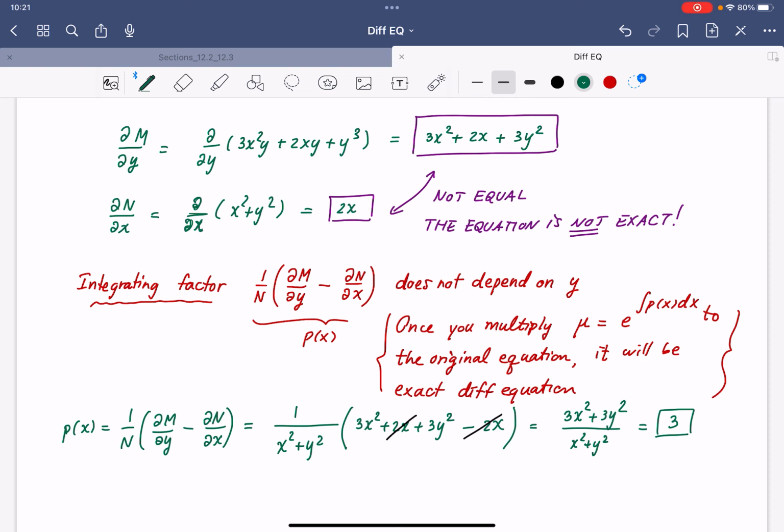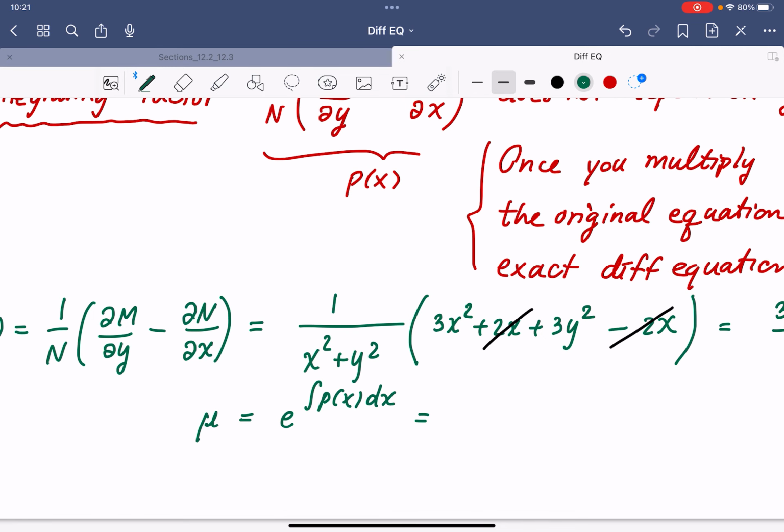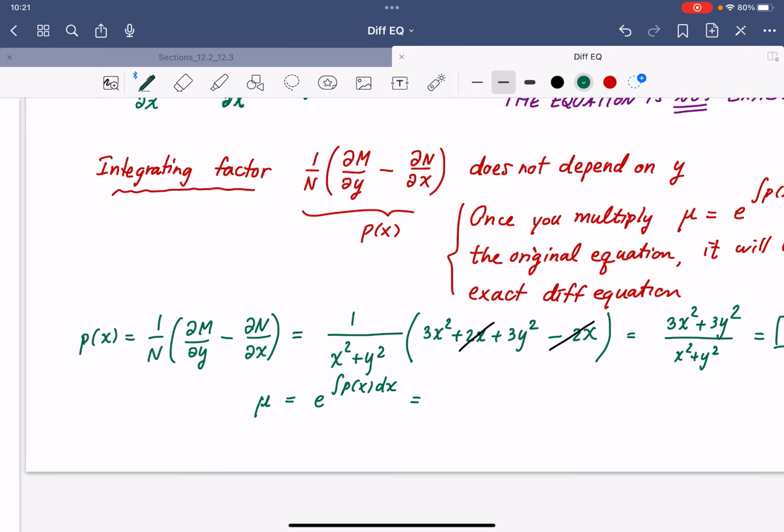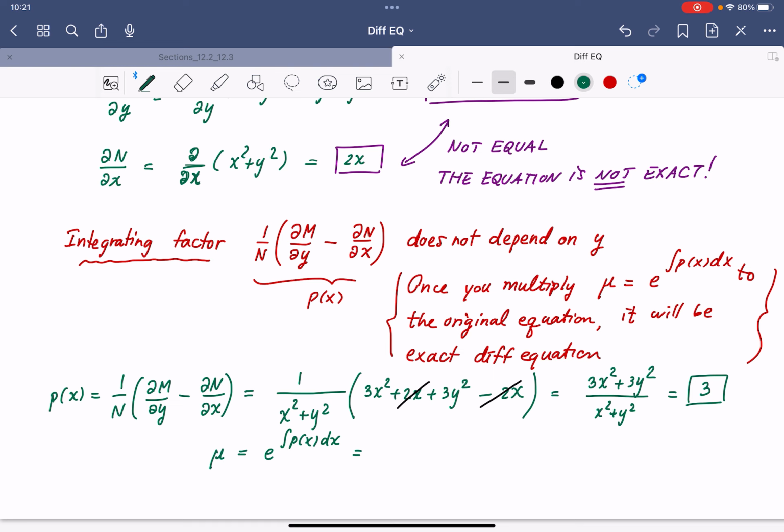Then you compute mu equal to e to the integral of px dx. You multiply the equation with that mu and the equation is going to turn into an exact differential equation. This thing is called the integrating factor.